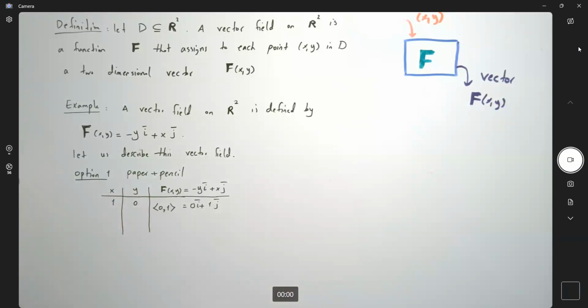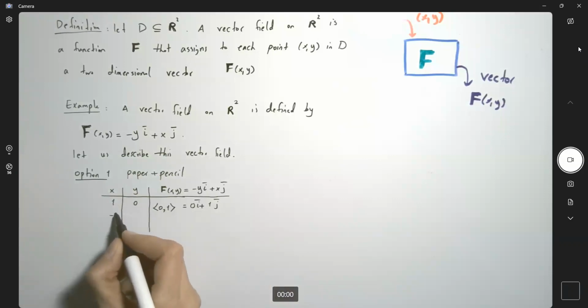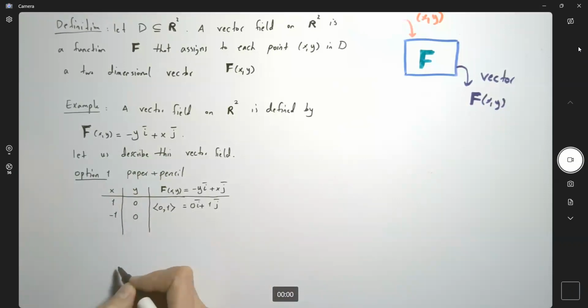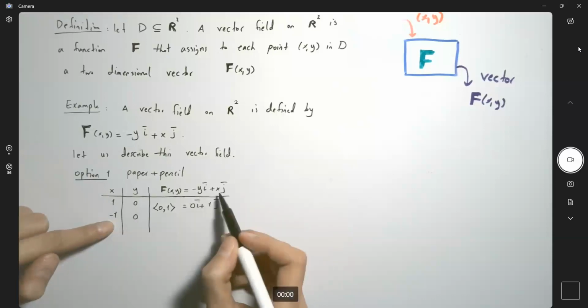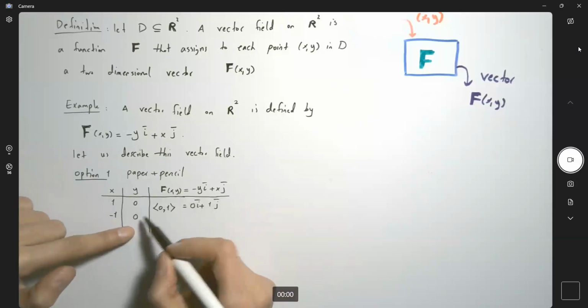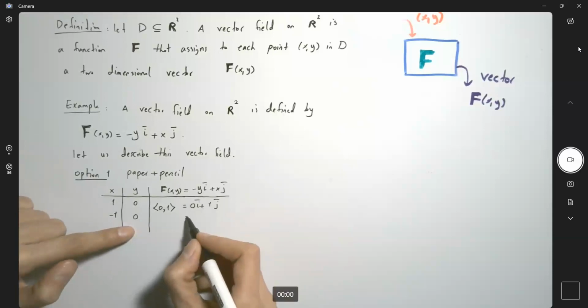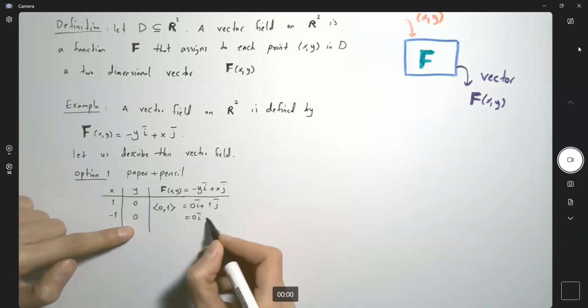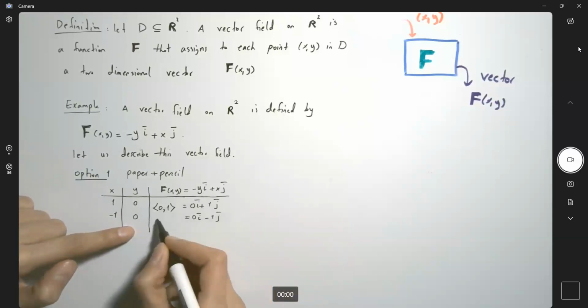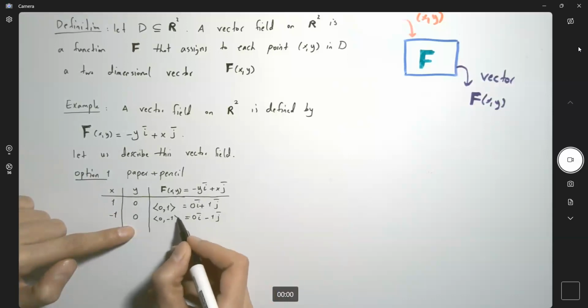Let's plug in another value, like -1 and 0. Here -1 is my x and 0 is my y. So it becomes 0i minus 1j, or 0 and -1.